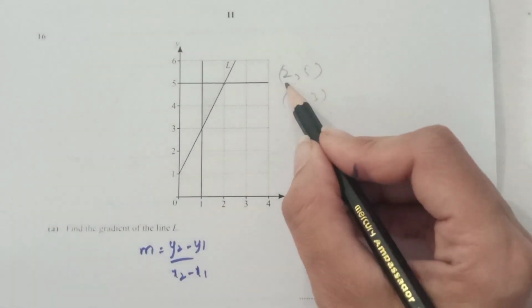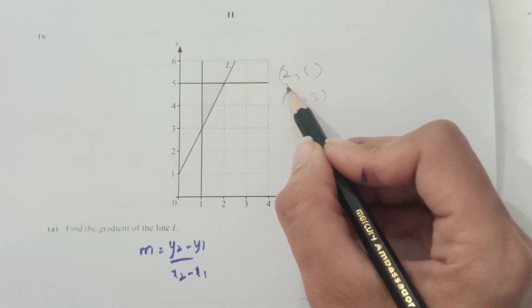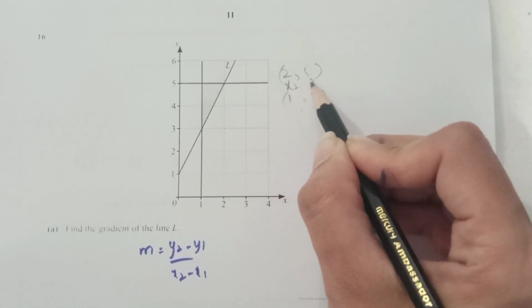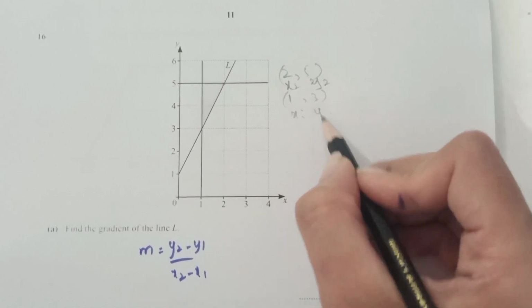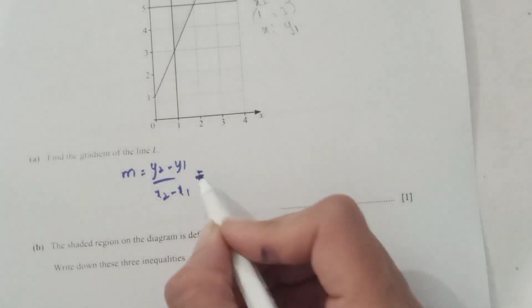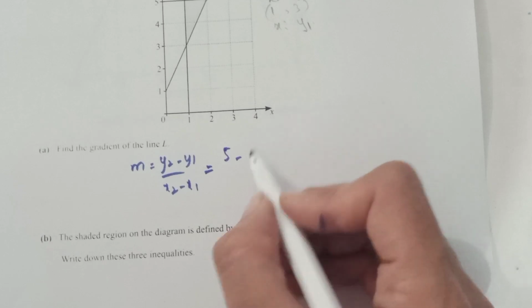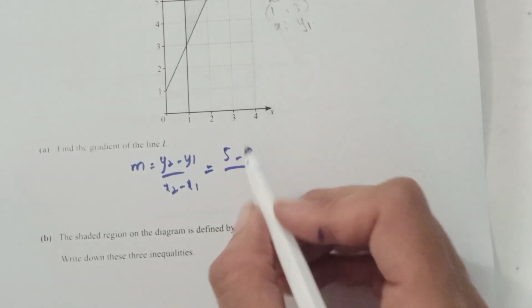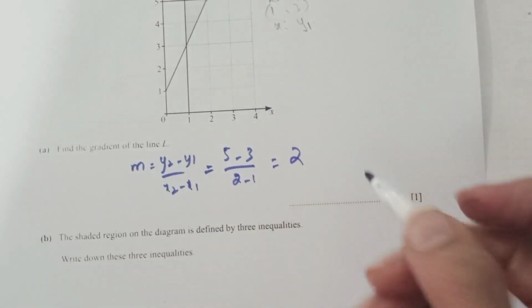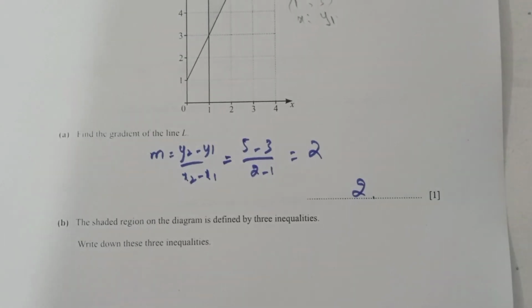Now students, that is x2 and y2, x1 and y1. Now putting the values in this formula, we get 5 minus 3 over 2 minus 1, we get 2 over 1, which is 2, and that is the answer of part A.